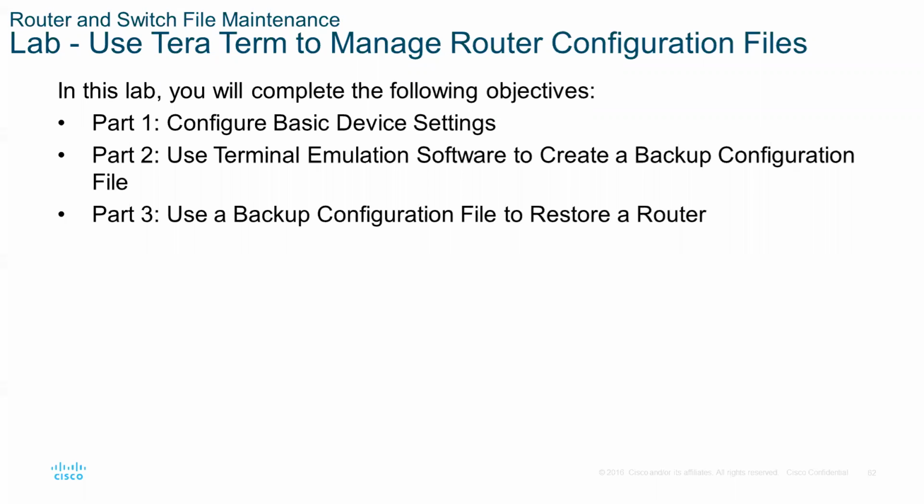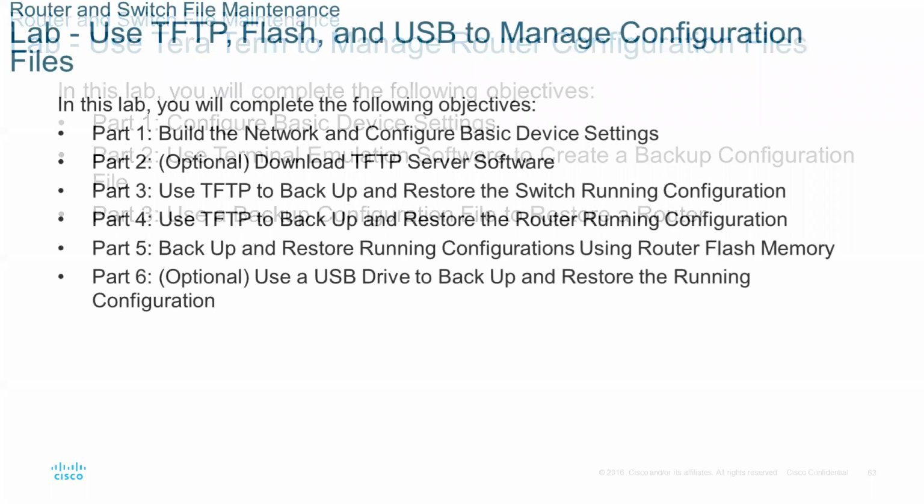I carry those files around with me in a thumb drive. They're that small. You just set up a PC in the lab, run the software on it, and lo and behold, that becomes your TFTP server. So you can back up and save files to it, copy files down. It's a good little lab.